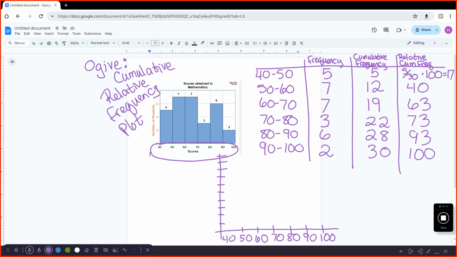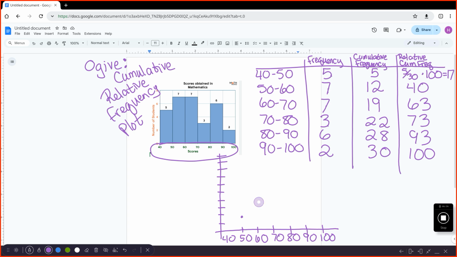Okay, so nobody scores 40. A score of 50 is about 17%, so I'm just going to make a dot right in there. 40% of people scored below 60, so 10, 20, 30, 40.